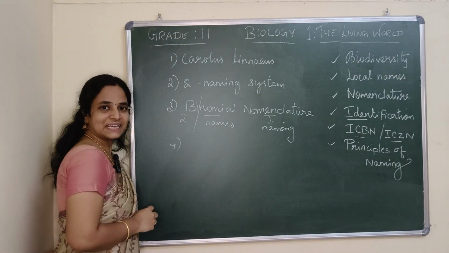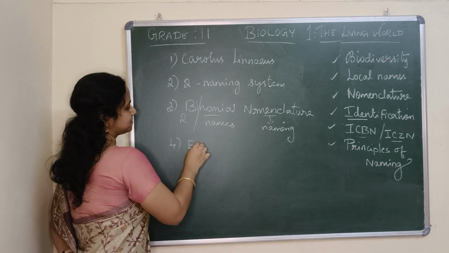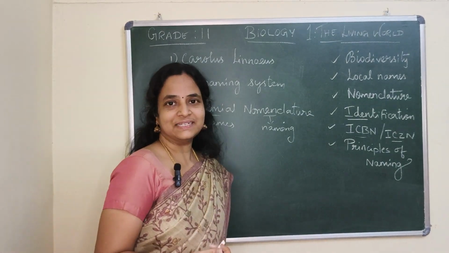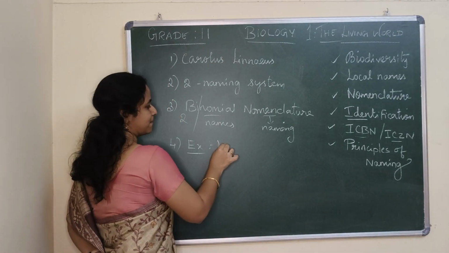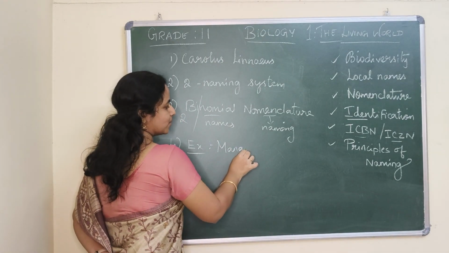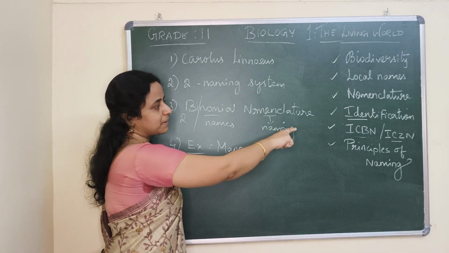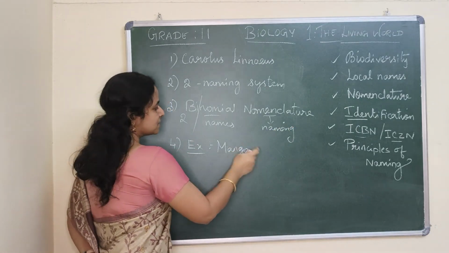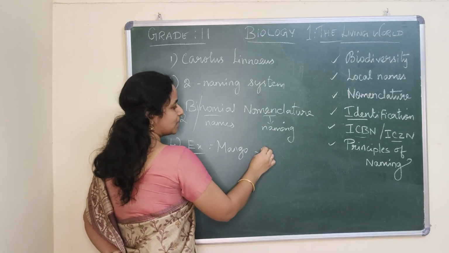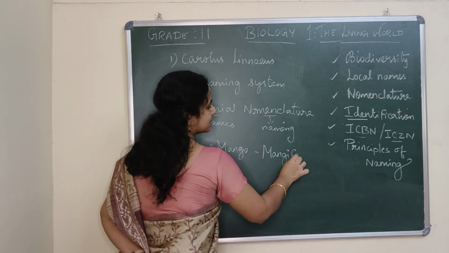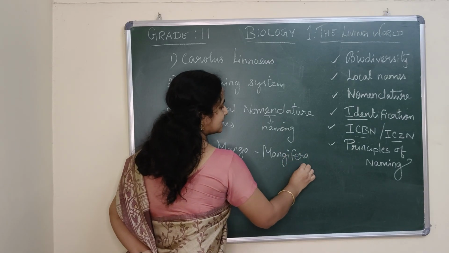Then let us take an example. You know mango, right? So let us take mango as an example. So when you take mango, since this is a plant that is named by the ICBN, okay? So the botanical name of mango is Mangifera indica.